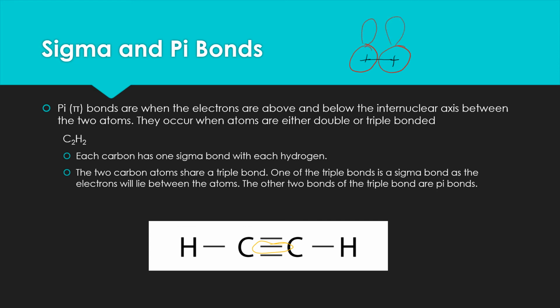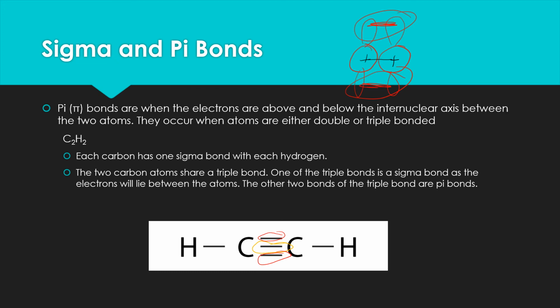They would be found between the atoms both above and below that axis, that internuclear axis. So we call that a pi bond. So each of these would be called a pi bond. In our triple bond, the other 2 bonds that are created between our 2 carbon atoms are called pi bonds.